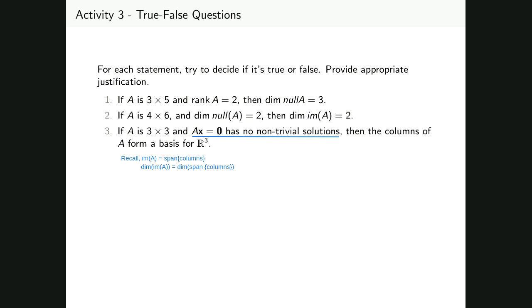If AX equals 0 has no non-trivial solutions, then its null space has just a single vector in it. Its null space is only the trivial set, the trivial vector. So what that means is that the null space is zero-dimensional.